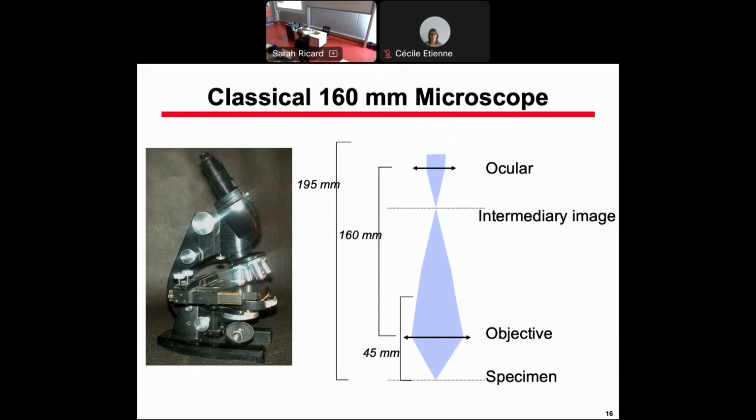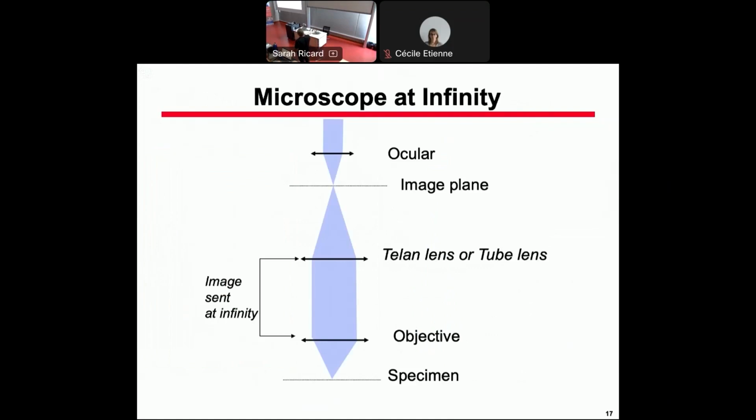Modern microscopes work a little bit differently, in the sense that they are called infinity microscopes. You have an objective which rejects the image to infinity. Then you have a supplemental lens.